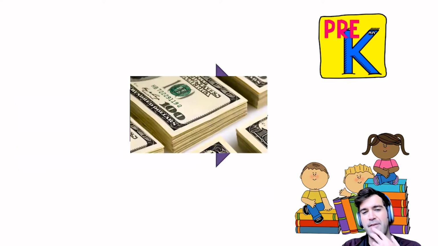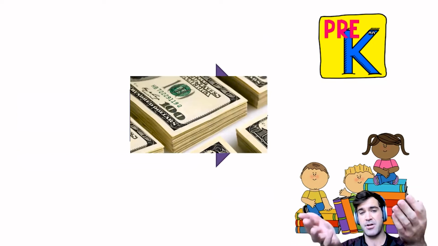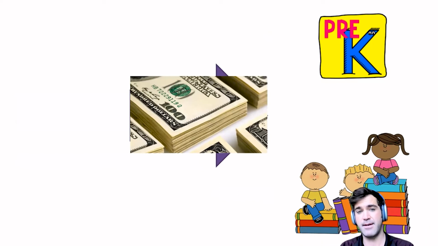And so really, if we just take pre-Kers and not pre-Kers, and we look at them in kindergarten and compare their reading achievement, we may find that, yeah, those who went to pre-K have a lot higher achievement than those who didn't go to pre-K, right? But are we really picking up on the effect of pre-K?